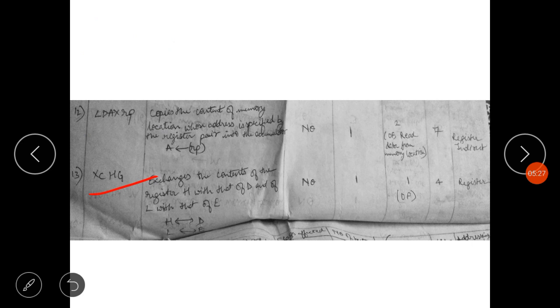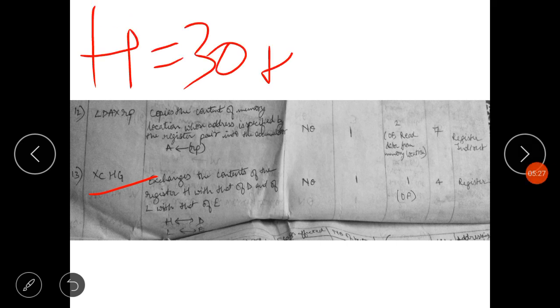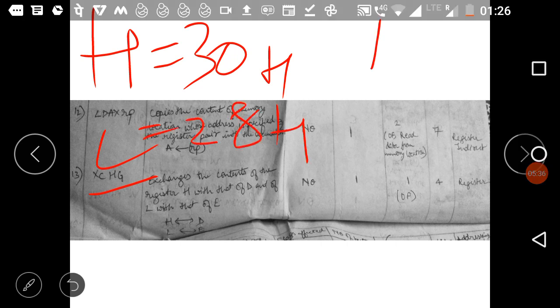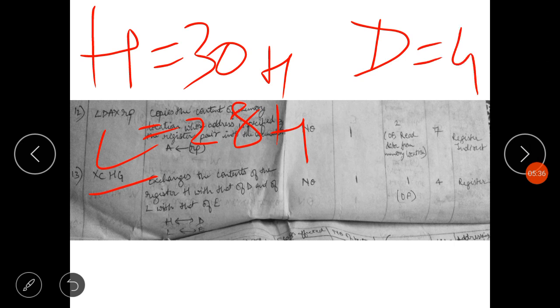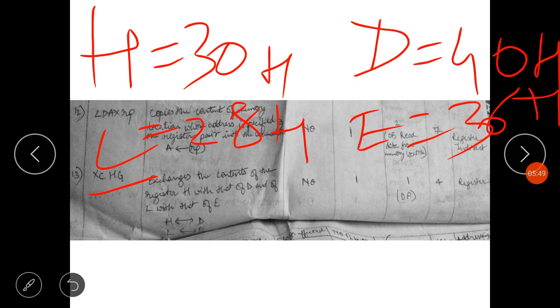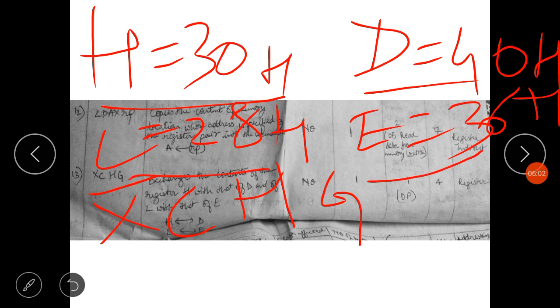Suppose at the time of the execution of this instruction, the content of H is 30H, the content of L is 28H, the content of register D is 40H, the content of register E is 36H. After execution of XCHG, the content of H and D will get interchanged, and the content of L and E will get interchanged.